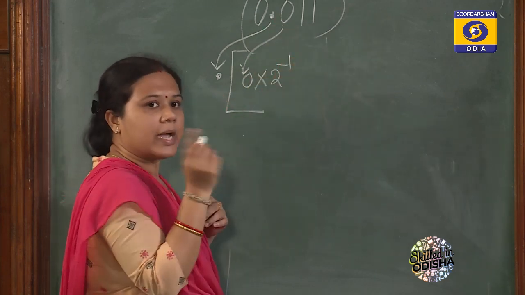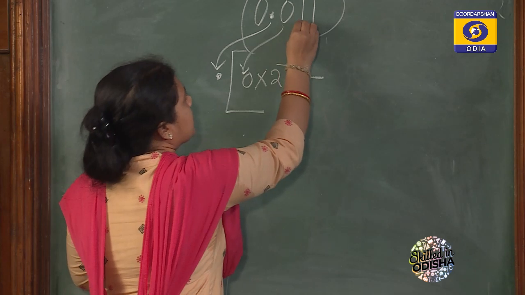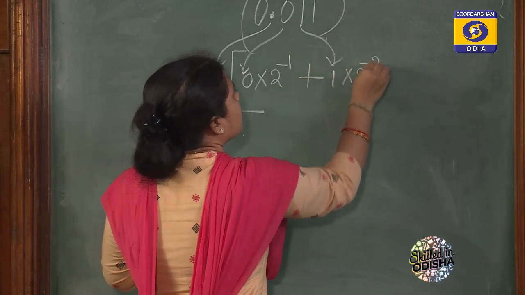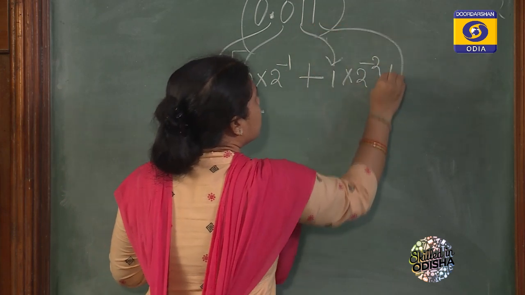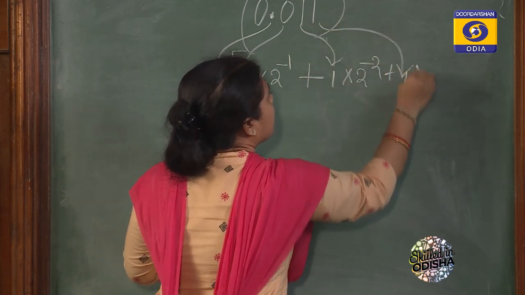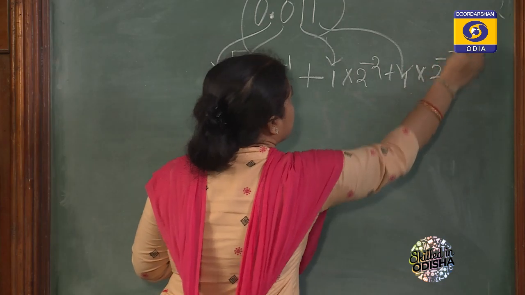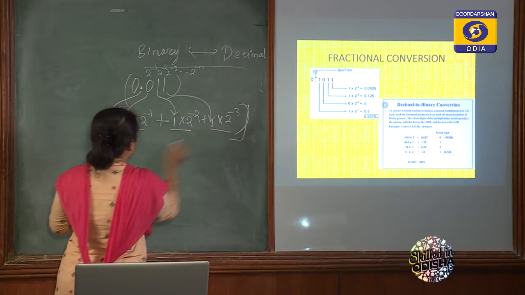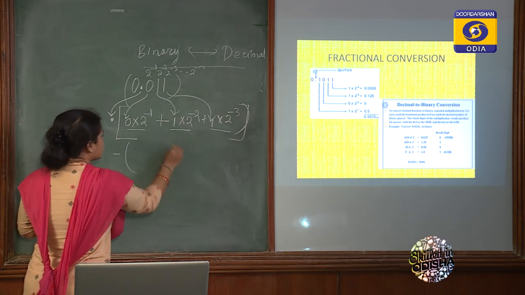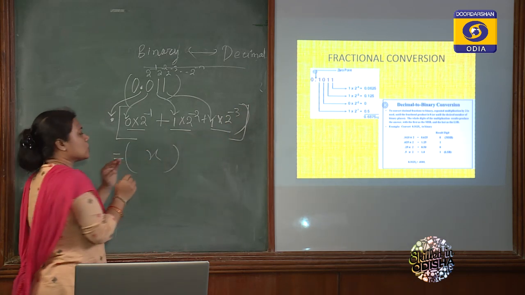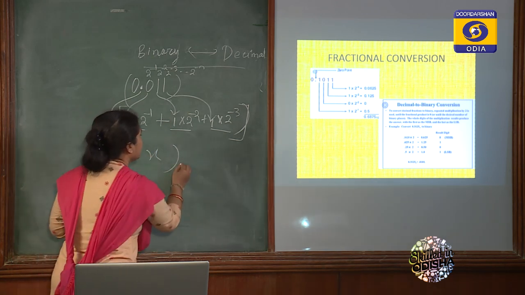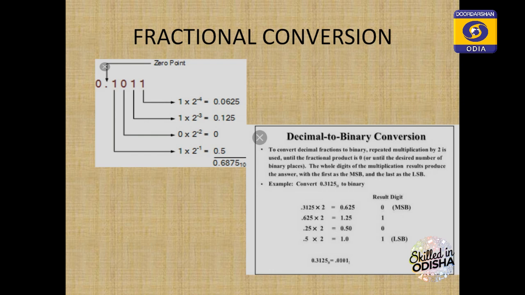The point will remain as it is. Then 0 will be multiplied with 2 to the power minus 1, plus 1 multiplied with 2 to the power minus 2, and this 1 will be multiplied with 2 to the power minus 3. Then we add all these values, and let that be x. This x is our required decimal number with base 10. Here the base is 2 and here the base is 10.